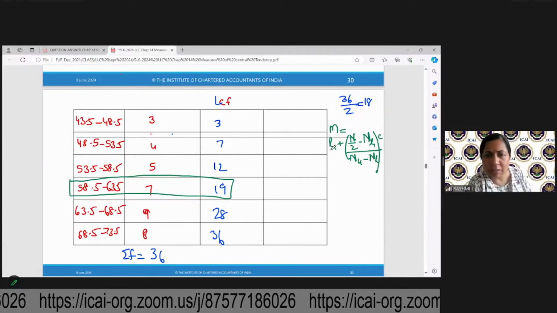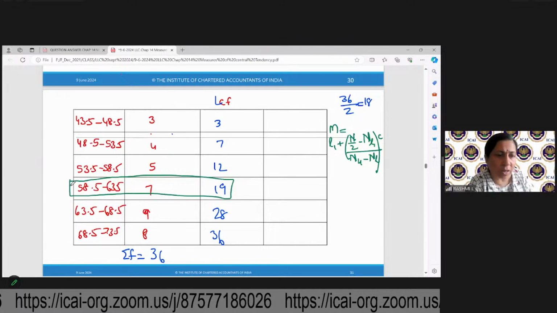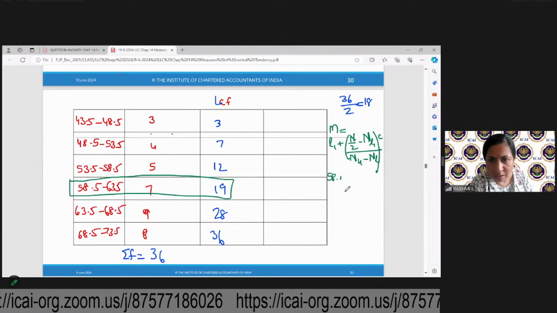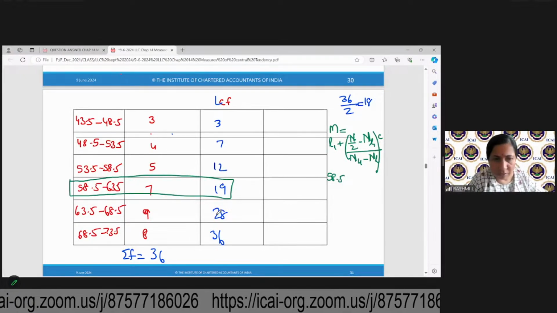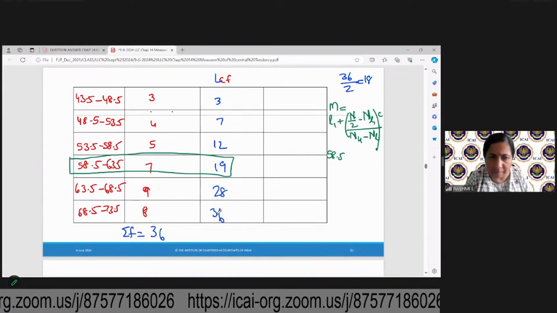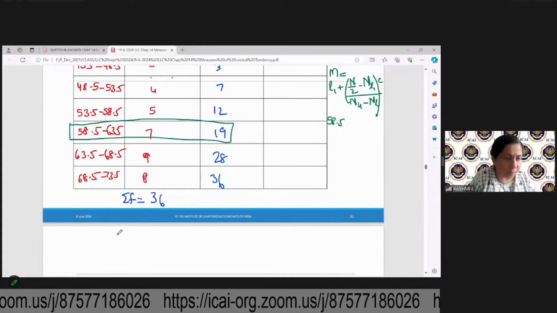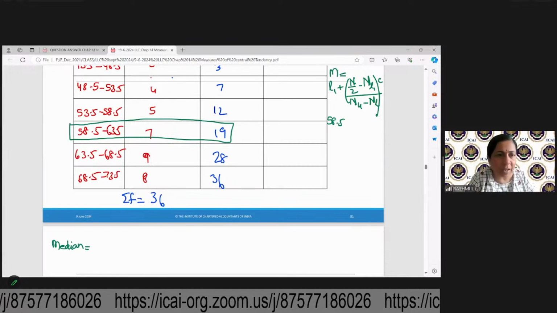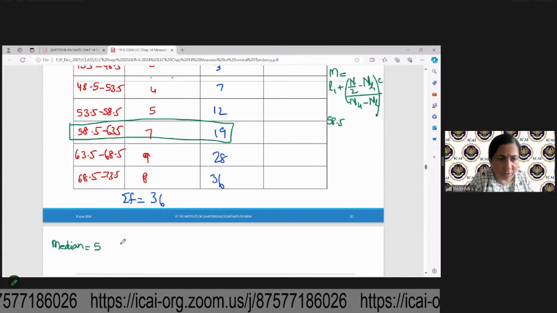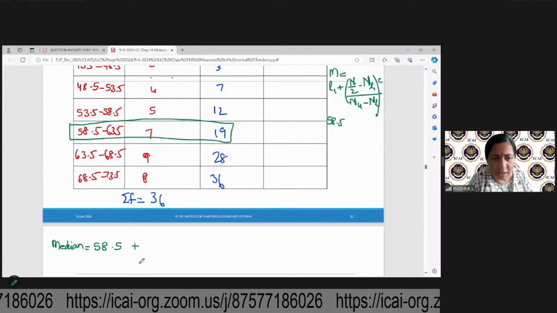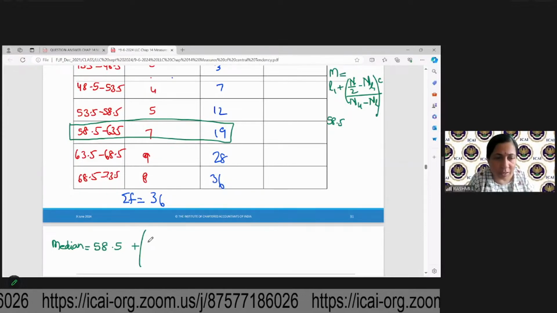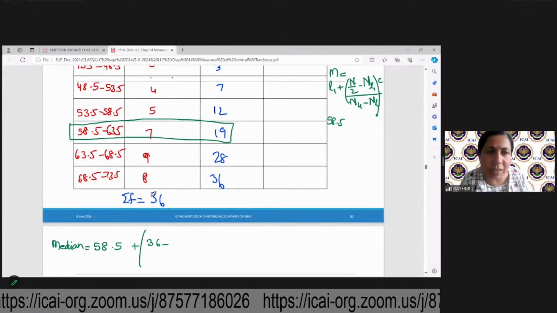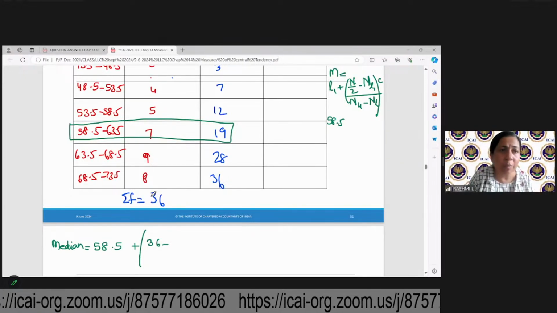So now in this case, how much is L1? L1 is the lower class boundary, 58.5. So my median will be equal to L1, which is 58.5, plus n upon 2 is 18. Now NL of the preceding class, how much will that be?